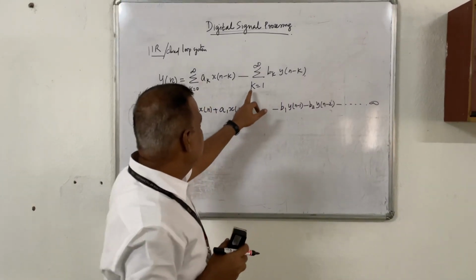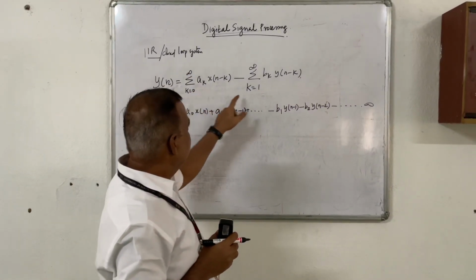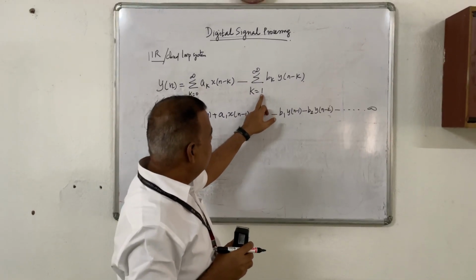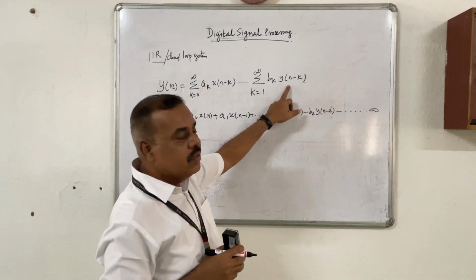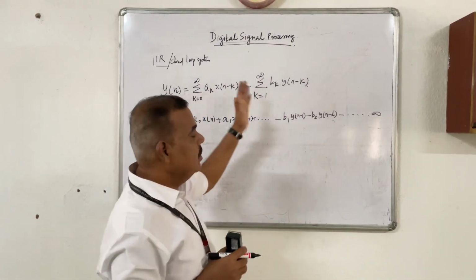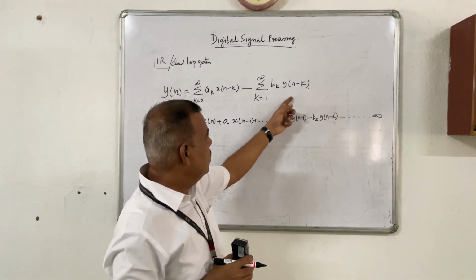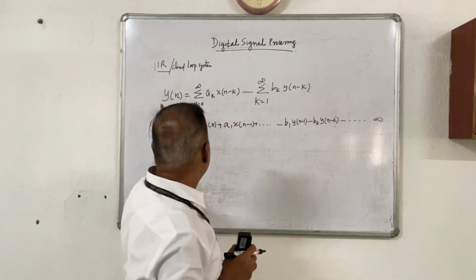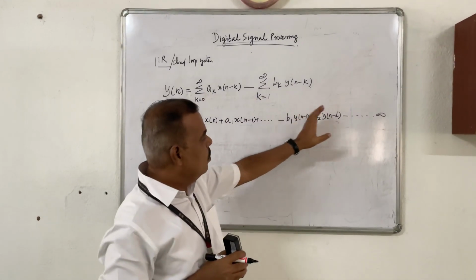You can notice here it is k is equal to 0 to infinity and here it is 1 to infinity, because if you substitute k is equal to 0, this will become the present output. The present output depends on this system, so there should not be any present output term. That is why it starts with k is equal to 1. So the present output depends on the past outputs.